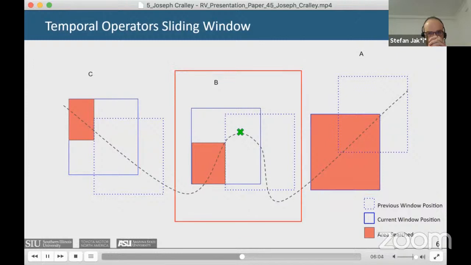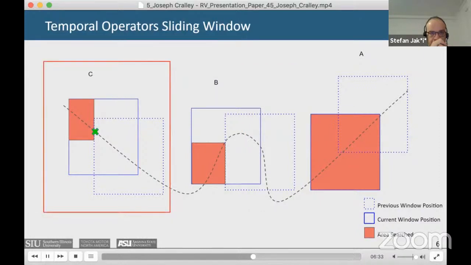Section B illustrates a different example. The area that we searched for the max value in the previous window position overlaps with the current window position. Additionally, the previously found max value is contained in this overlapping area. Hence, we do not have to redo the search for the whole signal segment indicated by the solid blue box, but only for the part indicated by the red box.